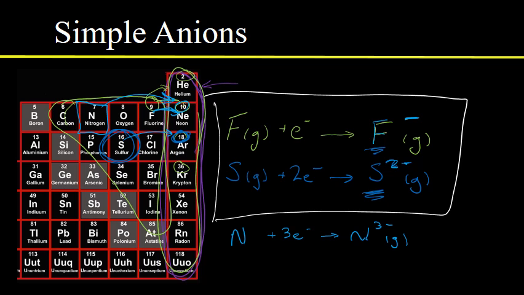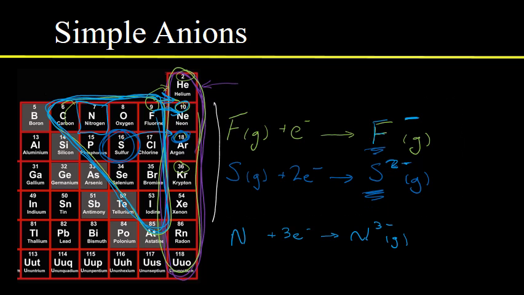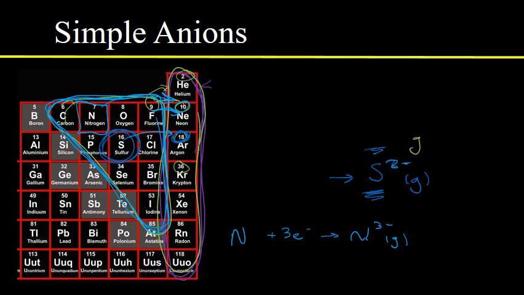All right. So for all of these nonmetals, when they form a negatively charged ion, we can tell what the charge is going to be just by looking at the periodic table. Kind of like we did with the cations in group 1 and 2.